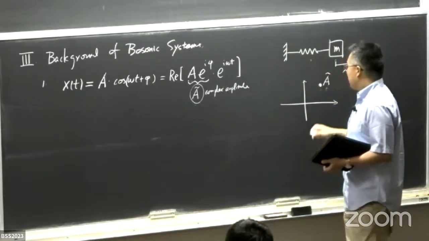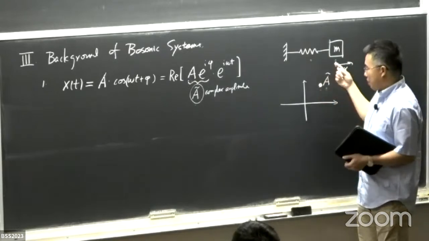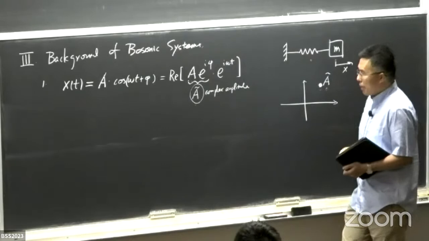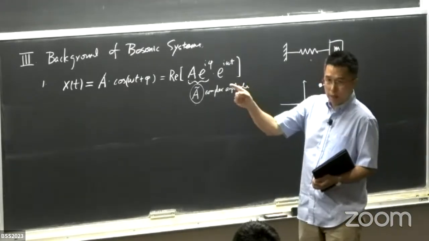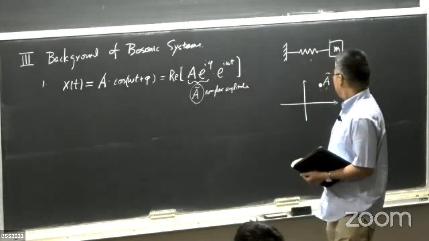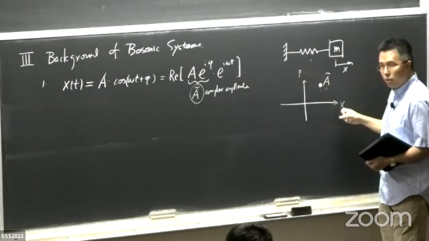Classically, this specifies everything, while quantum mechanically, this complex amplitude is related to the phase space distribution, which you can think of as position and momentum in scaled units.